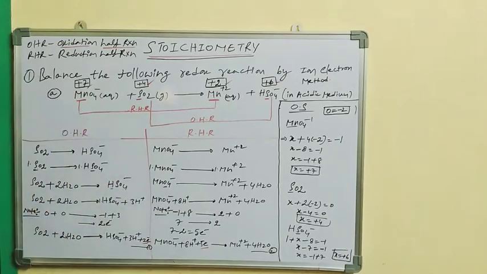I am solving these 2 equations. How to equalize the electrons, students? By multiplying the first with 5 and the second with 2.